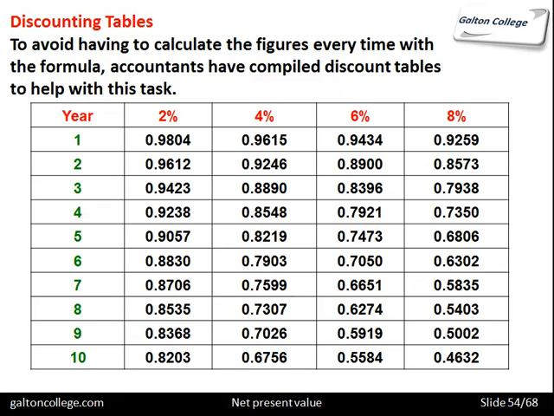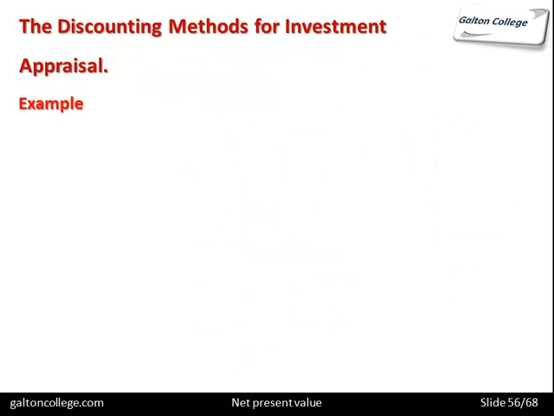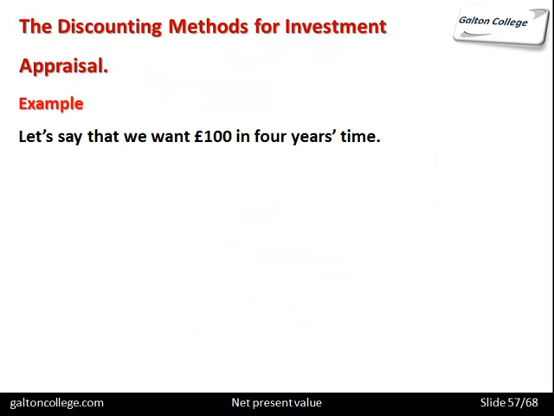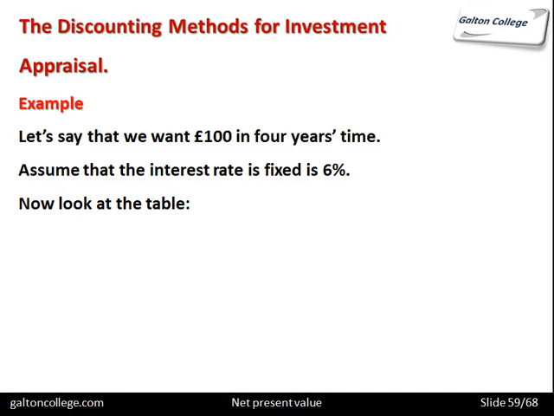And inside each of these there are figures like this one here, 0.9804, 0.9612, and so on. Now let's use an example here. Let's say we want £100 in 4 years' time. Assume the interest rate is fixed at 6%. Now look at the table.